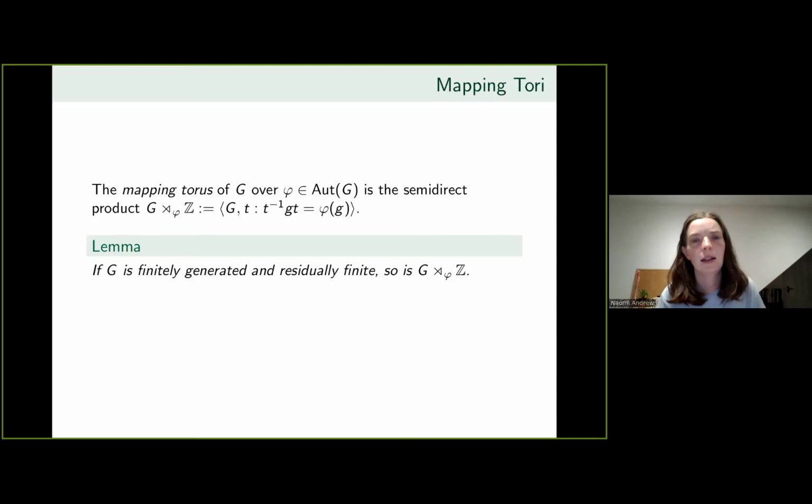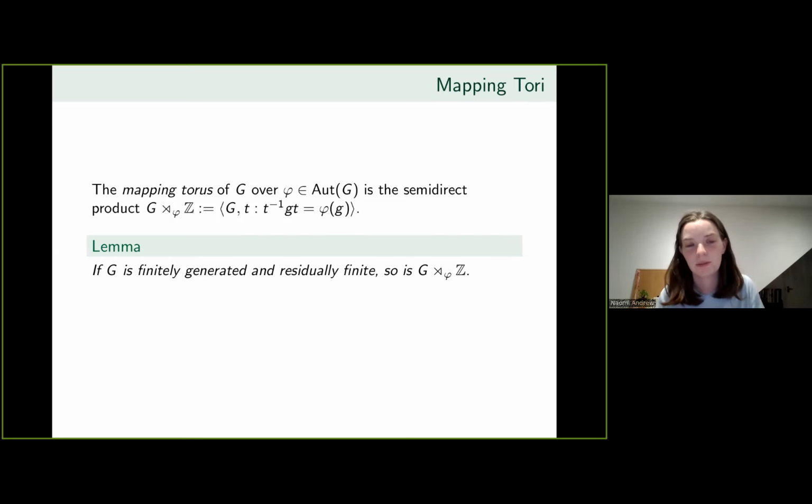Here's a lemma to convince you that I'm not saying complete nonsense. I'm not going to prove it, but I am going to assert it. If G is finitely generated and residually finite, then so is this mapping torus, whatever phi I picked. And you can find counterexamples dropping residually finite, it passes to subgroups.